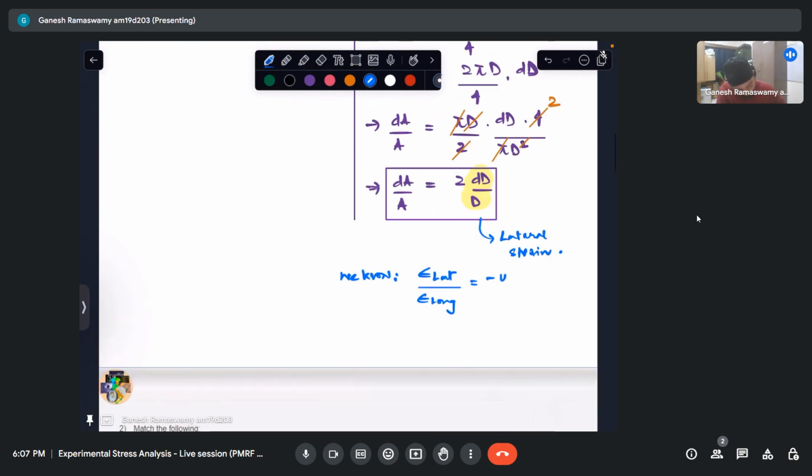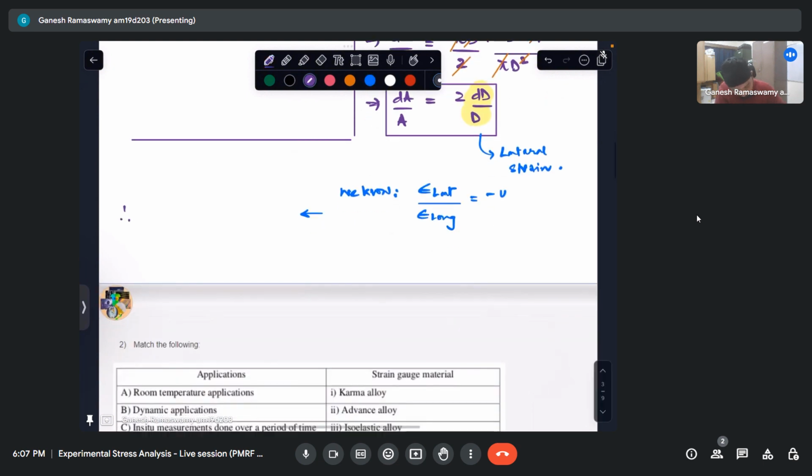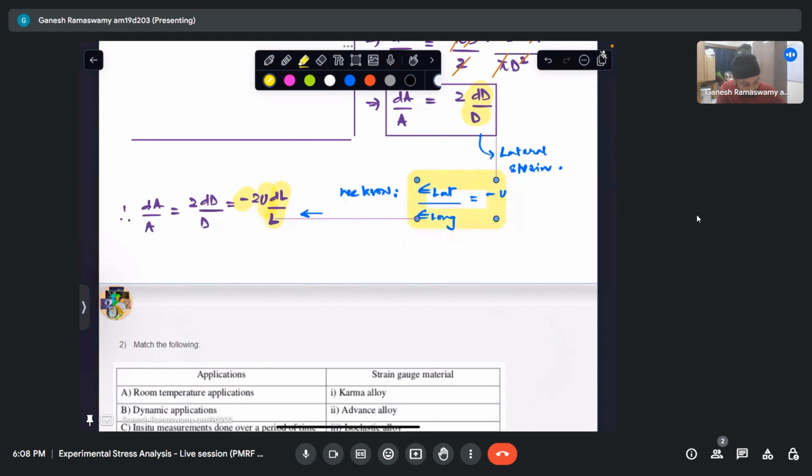So therefore dA by A can be written as 2 delta D by D, which is equal to minus 2 mu dl by L. What have I done here? I have simply taken the longitudinal strain, multiplied it by the Poisson's ratio and added the negative in order to honor this relation, and I have substituted it. That is all that has been done here.